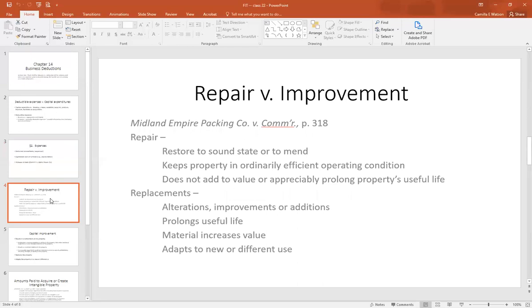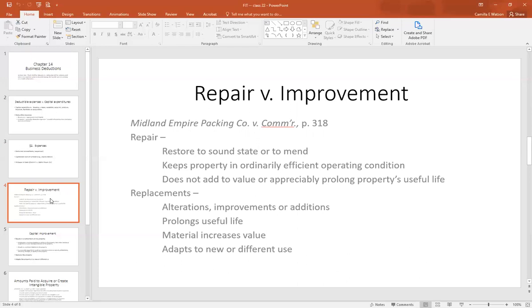Now, another area in which capitalization issues arise is in determining whether an expenditure is a repair that's currently deductible or an improvement to the property that's required to be capitalized. The Midland Empire Packing Company case on page 318.